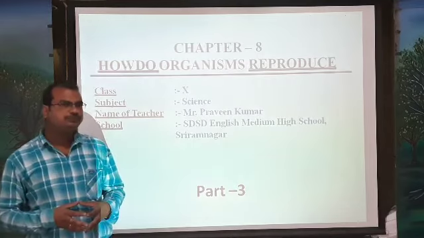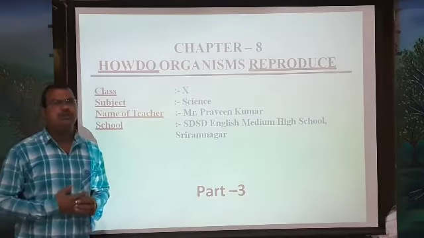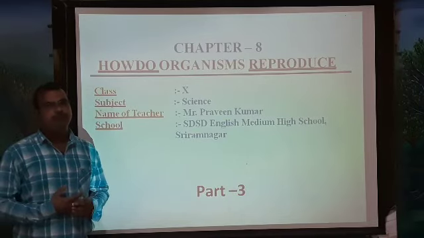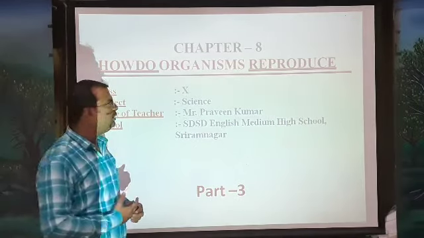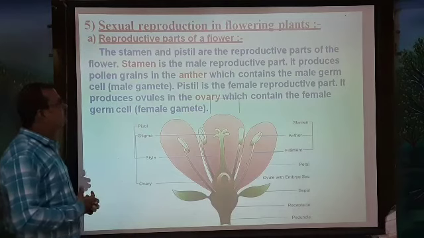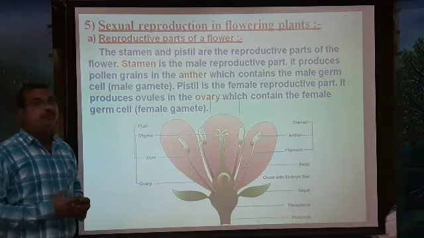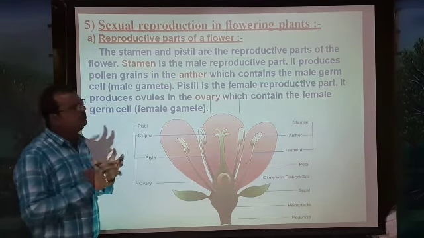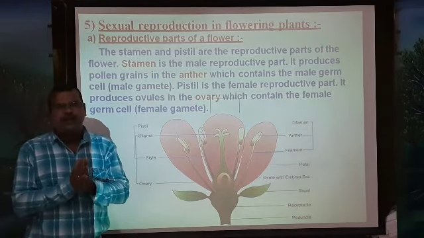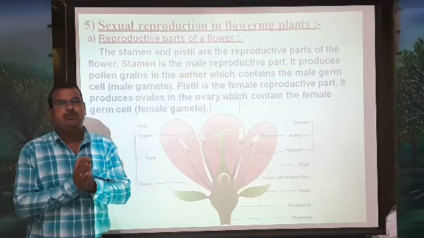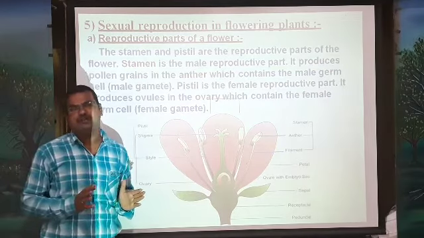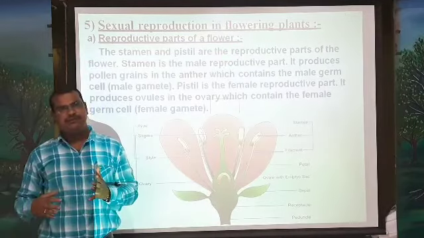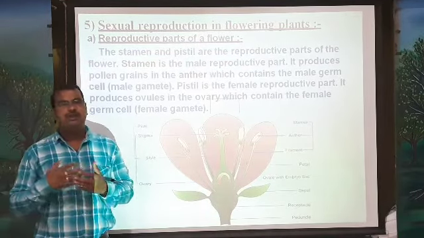From today's class we are going to discuss how sexual reproduction takes place in plants. Okay, we will go for the next topic, which is how sexual reproduction takes place in flowering plants. See, there are plants having different parts like root, stem, leaves, flower and fruit.